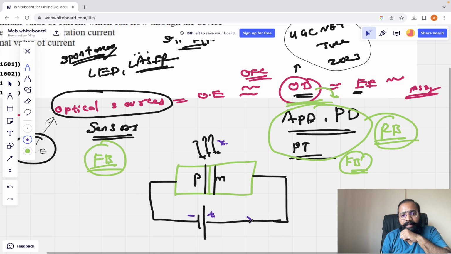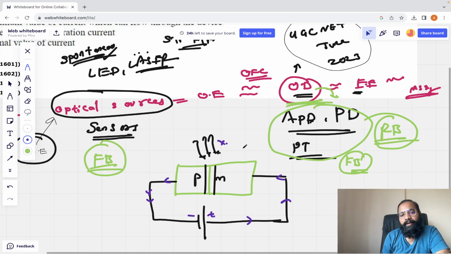Usually we take it as positive to negative, as we already discussed in the previous video on the original current direction and the conventional current direction. Let's take the current flowing like this from positive to negative. It is called the conventional current direction.